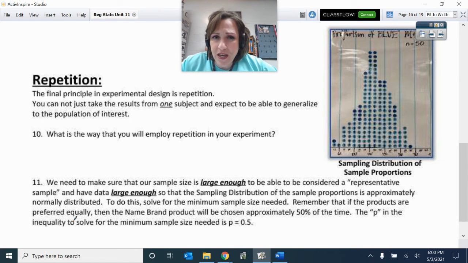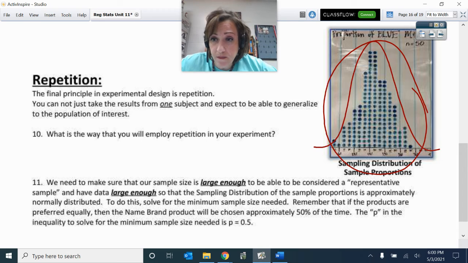You remember how we've been talking about needing to meet a minimum size? That's what number 11 takes into account. So we need to make sure that our sample is large enough to be considered a representative sample and have data that is large enough so that this sampling distribution will be shaped approximately normally.